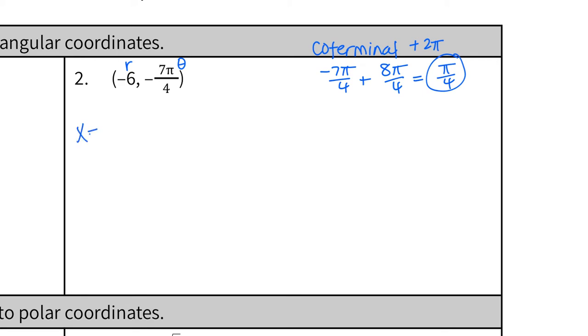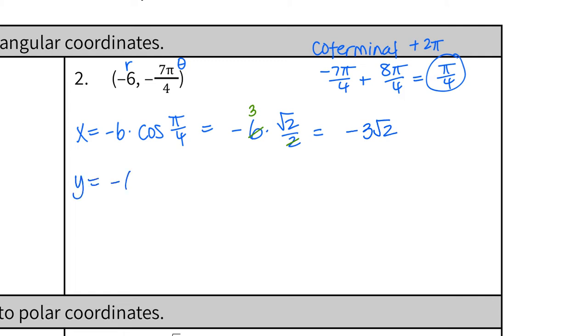So for x, -6 times the cosine of pi over 4. This will be -6 times square root of 2 over 2. Now 6 over 2 does not cancel, but it does simplify. 6 divided by 2 is just 3, so this would be -3 square root of 2.